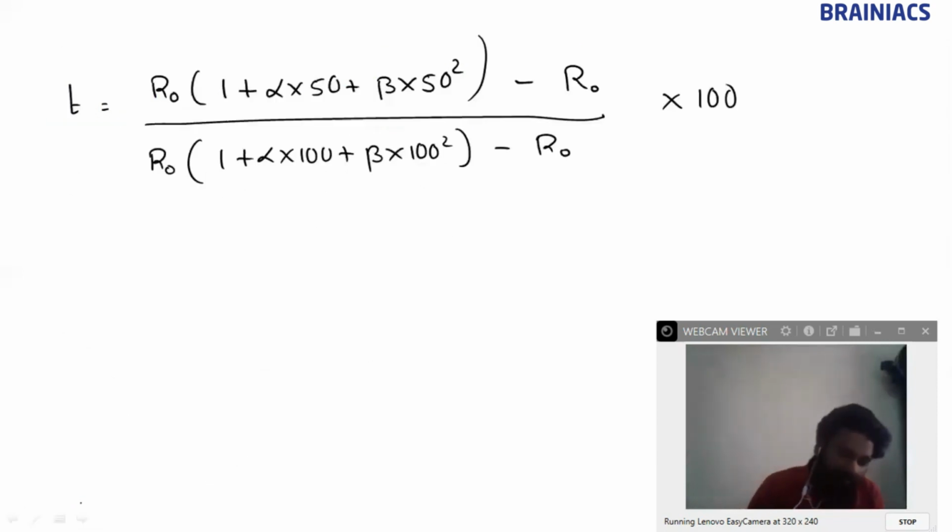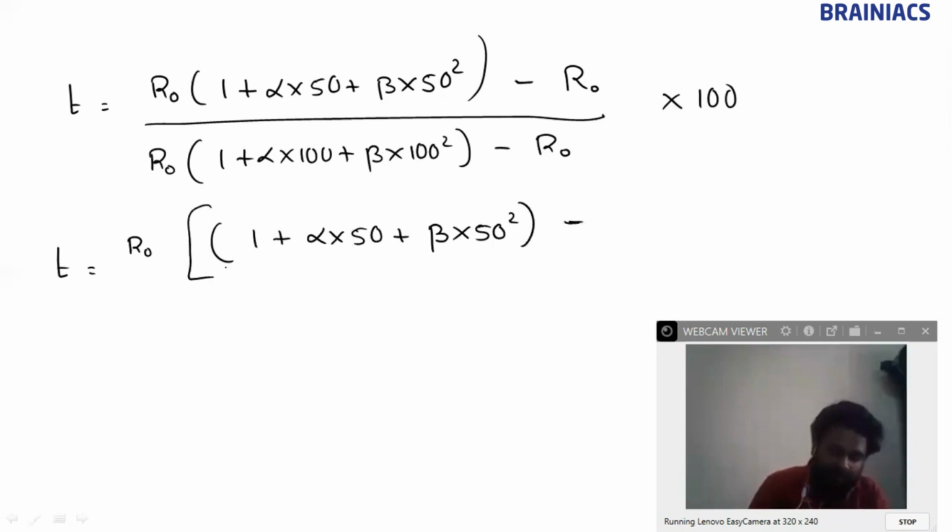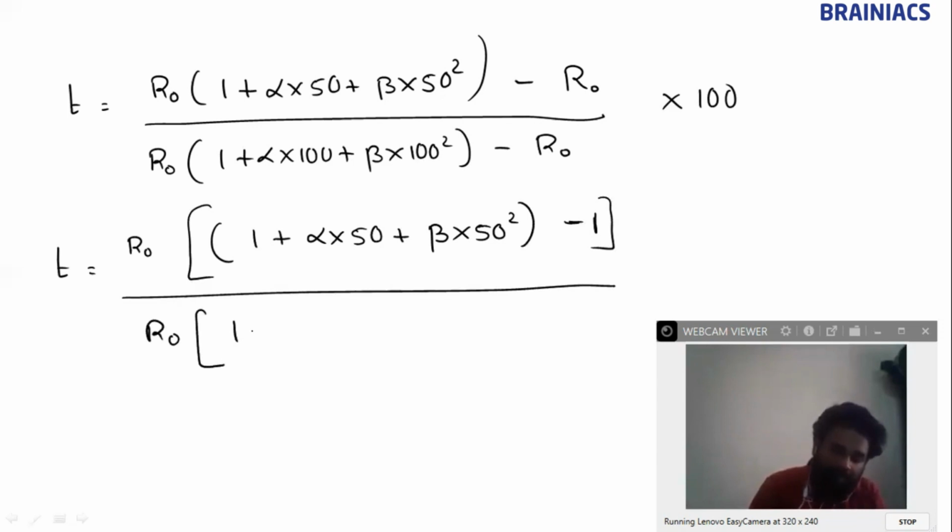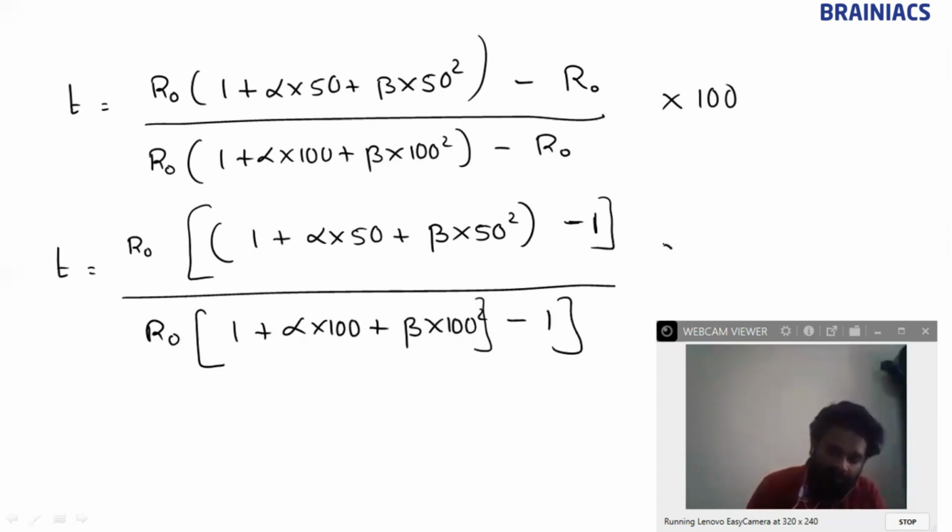Okay, now if we make proper substitution, if we take this R naught outside, we will be getting 1 plus alpha into 50 plus beta into 50 square minus 1, divided by R naught here also we take outside, 1 plus alpha into 100 plus beta into 100 square minus 1, into 100.